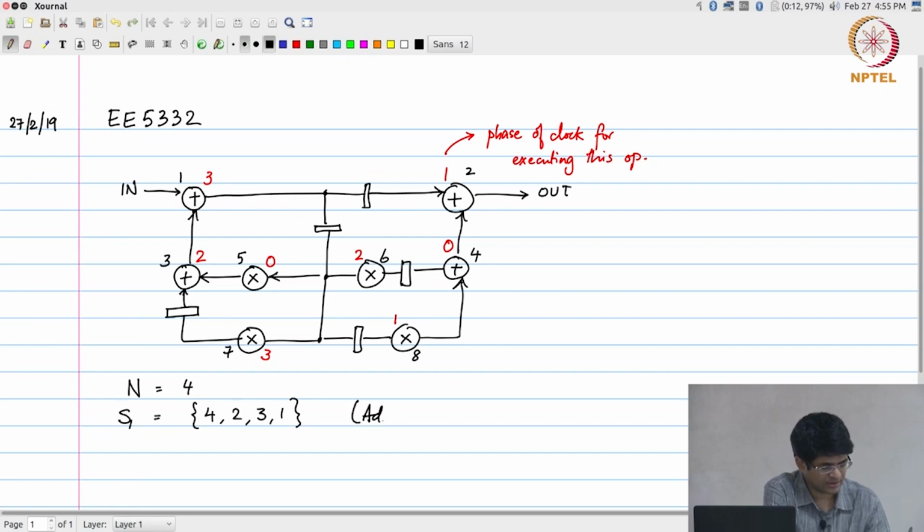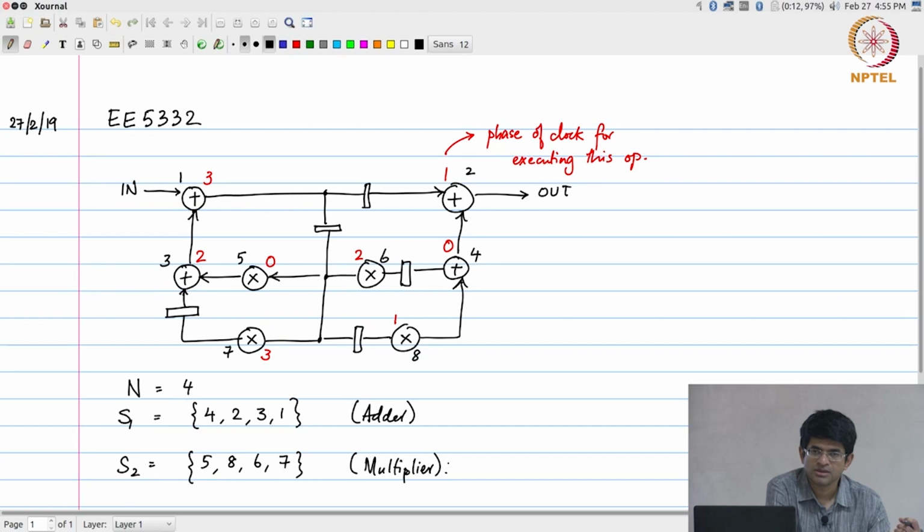This is for the adder, and S2 is equal to 5, 8, 6 and 7 for the multiplier. Okay. So, a couple of things to again keep in mind over here.